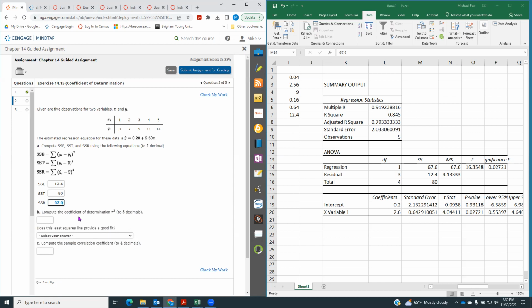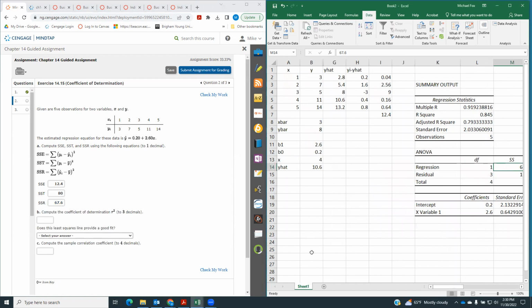All right, so the coefficient of determination, sometimes called your R squared. So we're going to call this R squared.